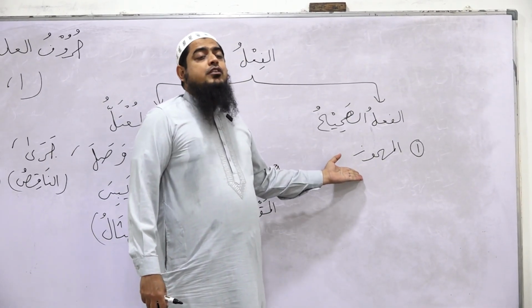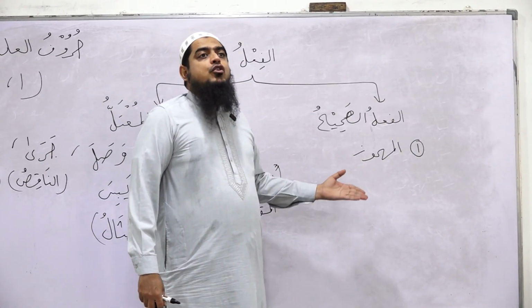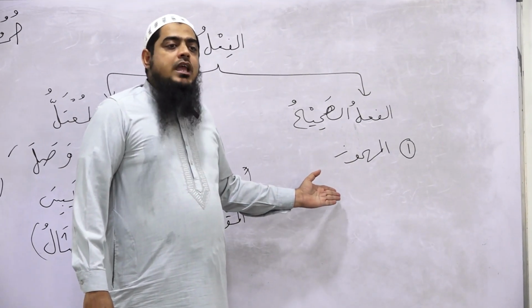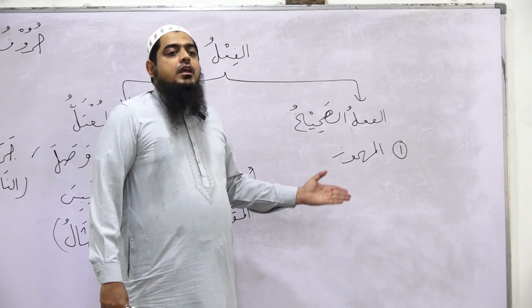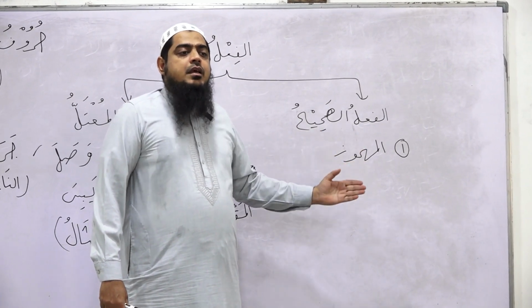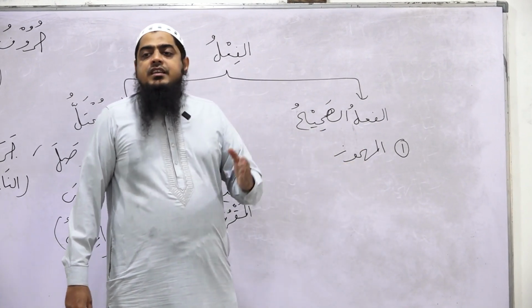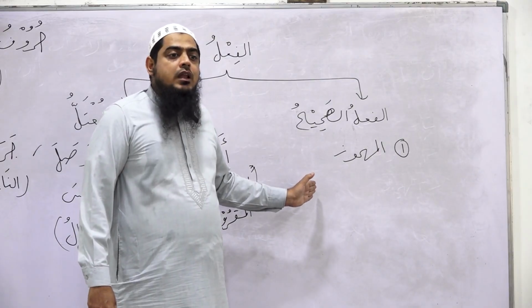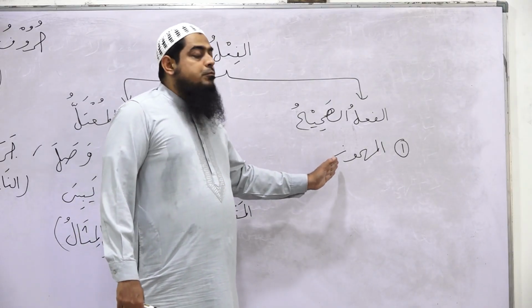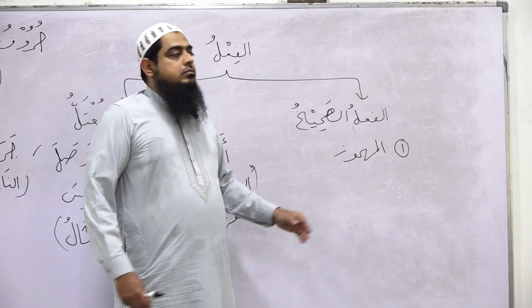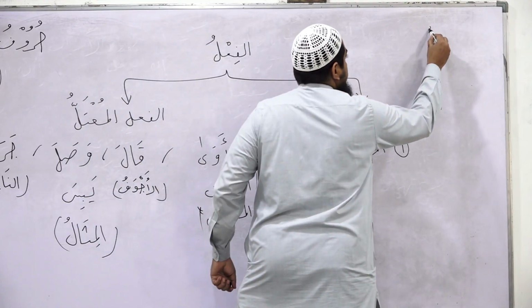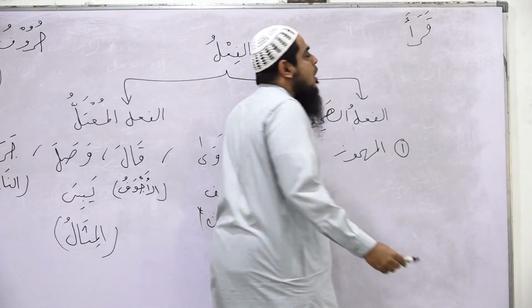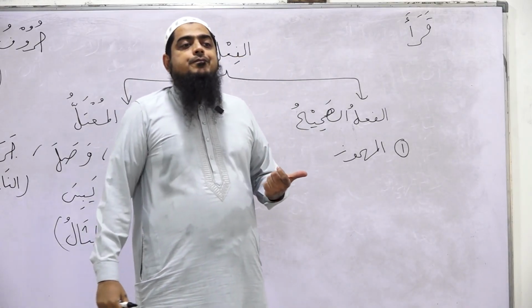Here some of them go deeper. They say mahmuzul fa, mahmuzul ayn, mahmuzul lam. If the hamza is in fa, they say mahmuzul fa. If hamza is in ayn, they say mahmuzul ayn. If hamza is in lam, they say mahmuzul lam. For example, qara'a: whether it is mahmuz or what? Where is the hamza?